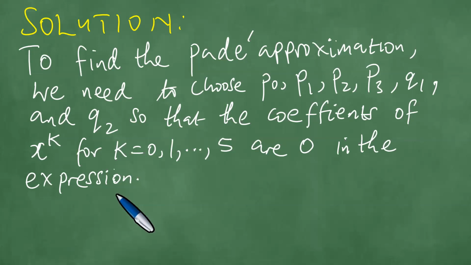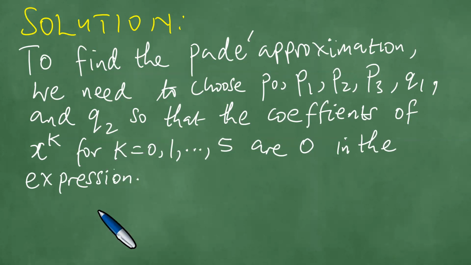We note this statement to say that, effectively, to find the Padé approximation, we need to choose P0, P1, P2, P3, Q1, and Q2, so that the coefficients of x to the power k for k equals 0 to 5 are 0 in the expression. We're going to see and understand what this actually means.